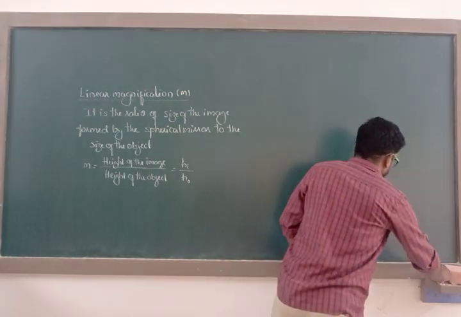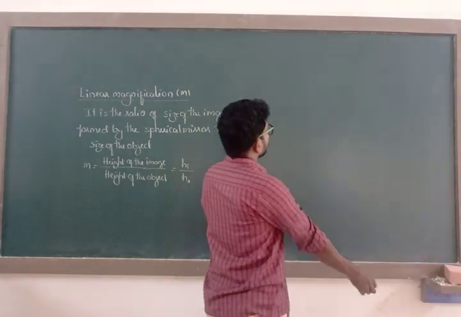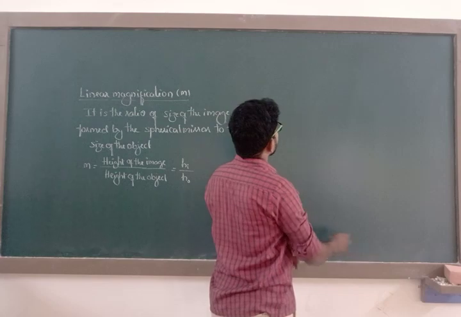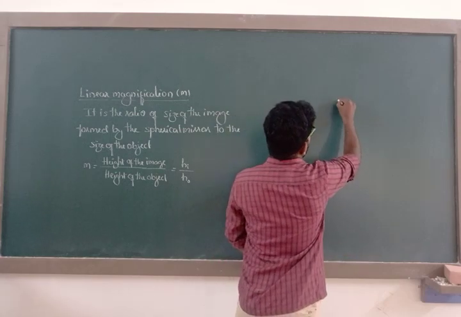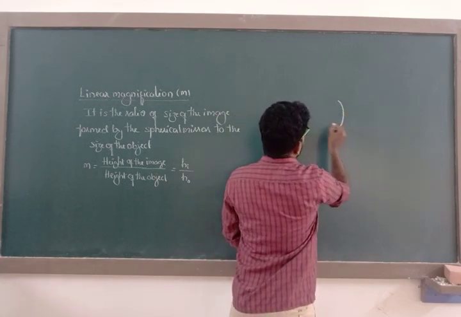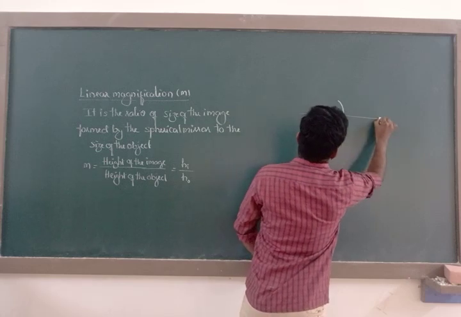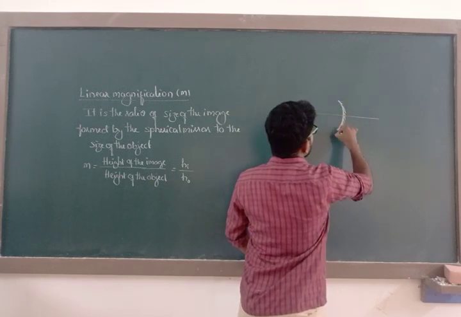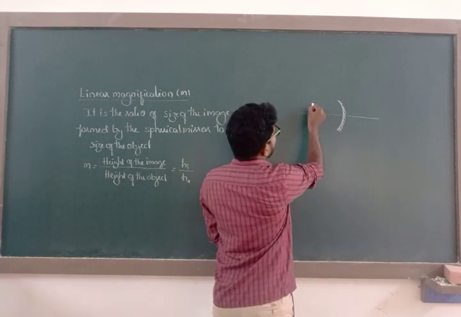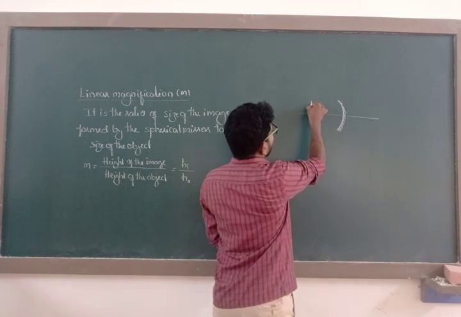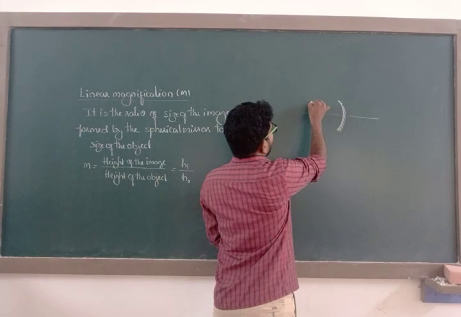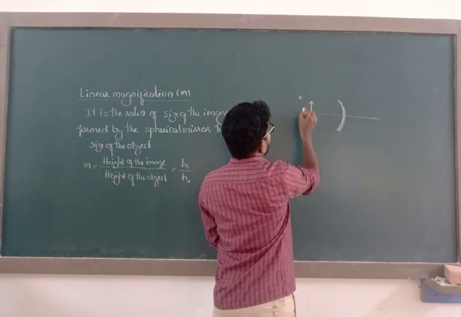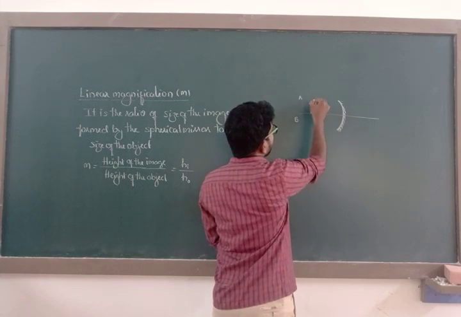So let us consider a ray diagram by using a concave spherical mirror. The outer surface is opaque, the inner surface is reflecting. When the object lies beyond the center of curvature, let us say AB is the object.